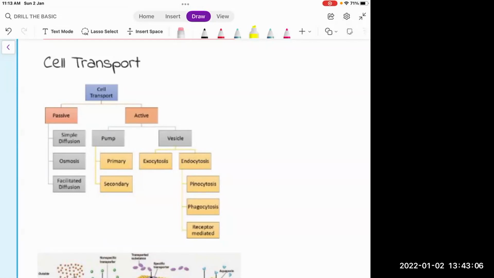Okay, so first and foremost, cell transport is of two types: passive transport and active transport. What is meant by passive and active transport? As the name passive suggests, it will pass without any energy.